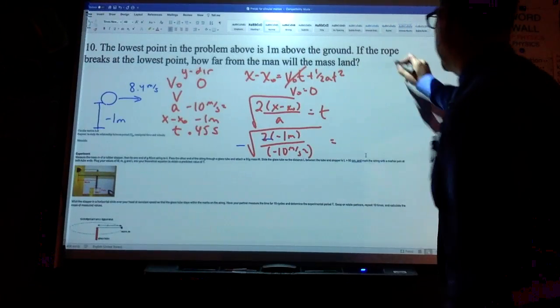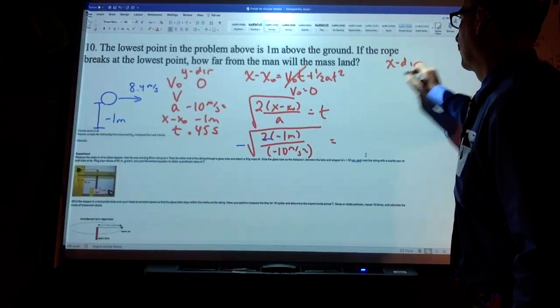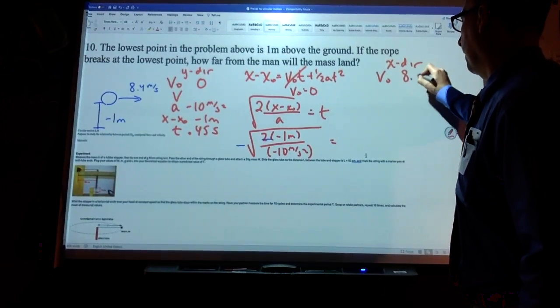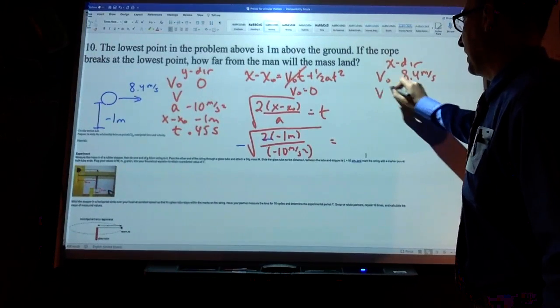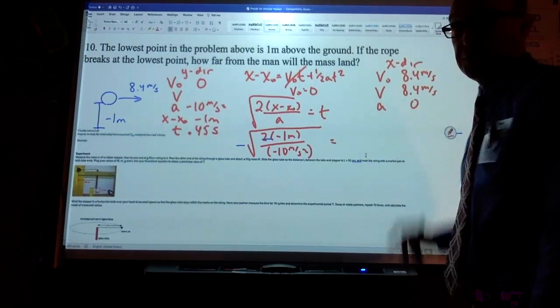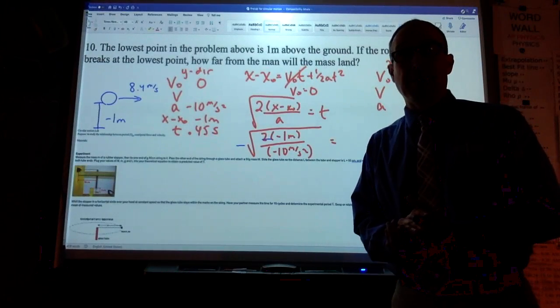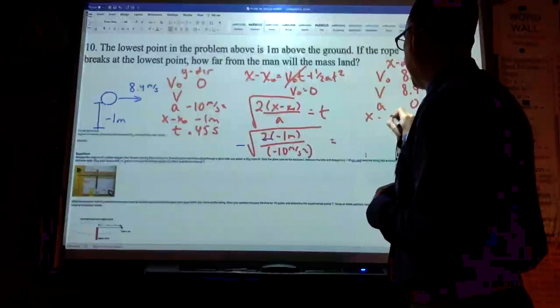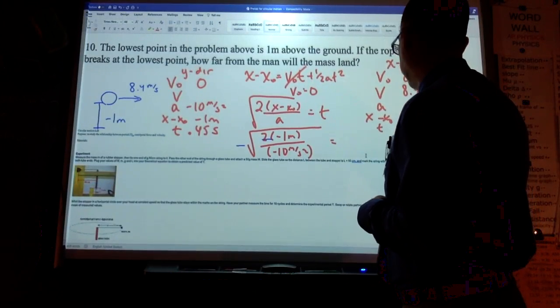All right, in our x direction, our initial velocity and our final velocity are the same. Our assumption is there's no air resistance unless they say there is. We want to find the range, and the time is the same.